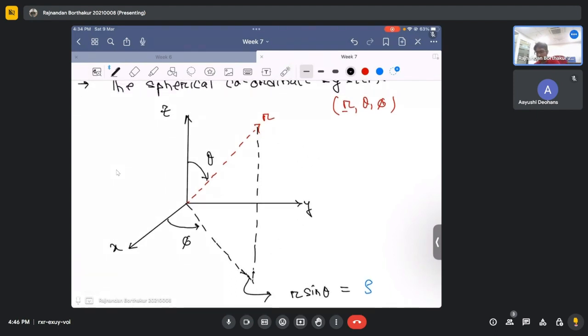Can you tell me that? Independent of theta and phi both? So it's independent of theta or it's independent of phi.